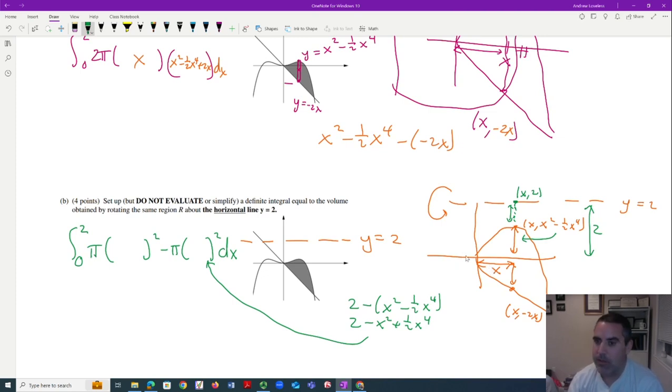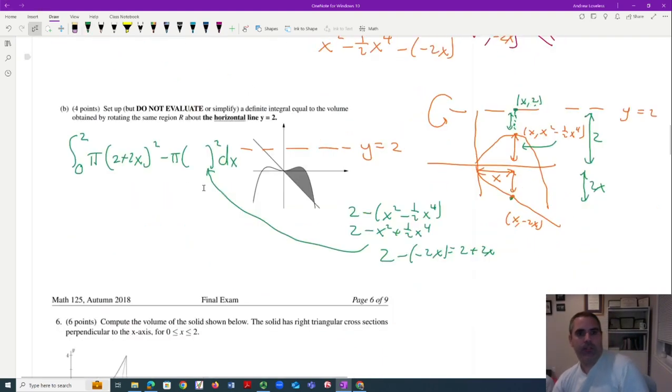Both tell you the same thing. The outer radius is how far it is from here to the outer edge, which you can think of as top minus bottom, which would be 2 minus negative 2x, or 2 plus 2x, or you can think of it as labeling. This is 2, this is 2x, turning everything positive, 2 plus 2x.